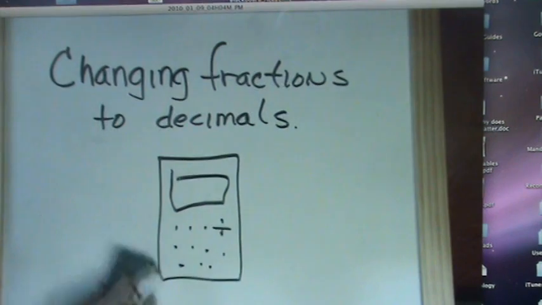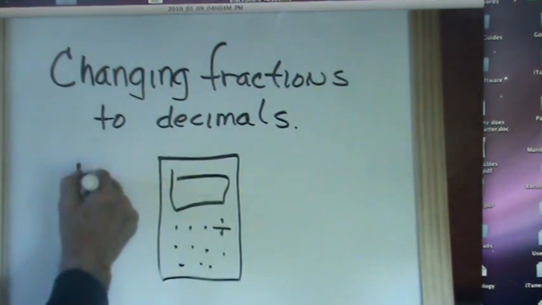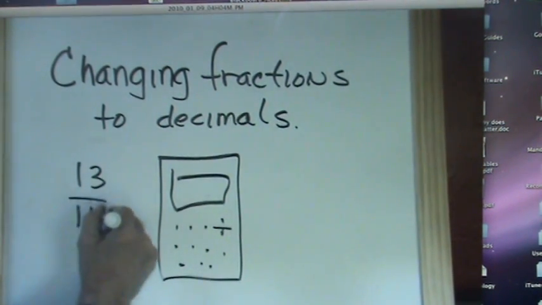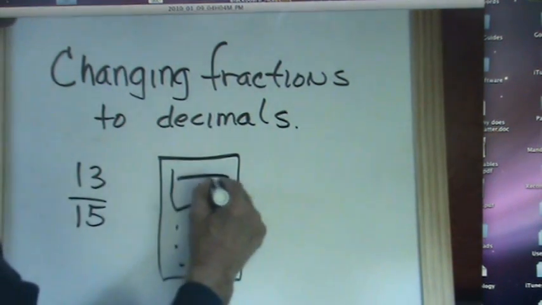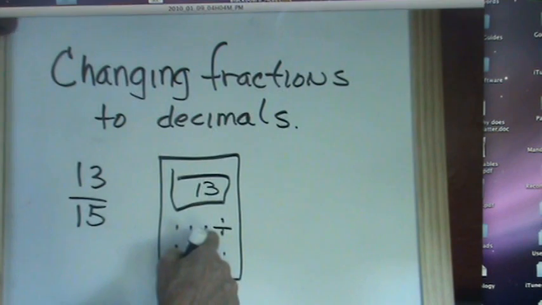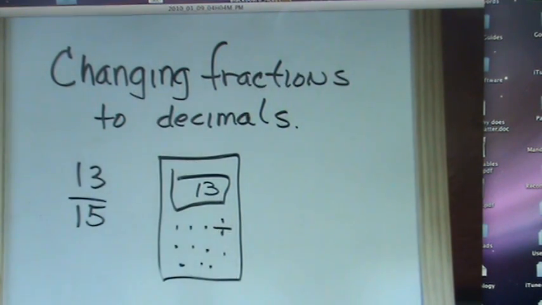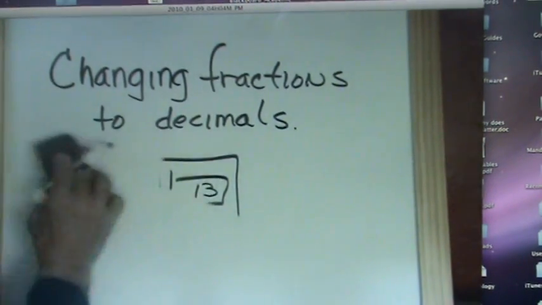So if you're using a calculator and let's say you have a fraction 13/15, remember this is 13 divided by 15. So you put 13 in your calculator, divided by, and then you punch 15. Okay, quick review.